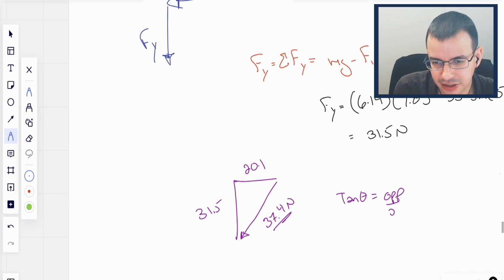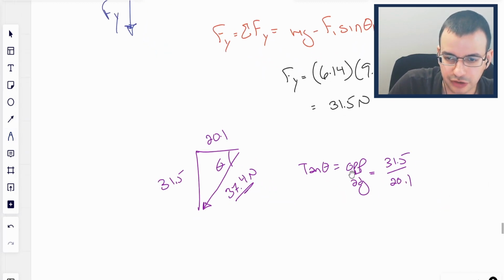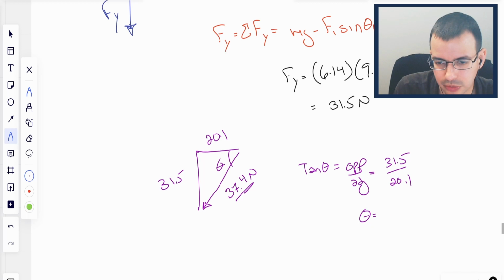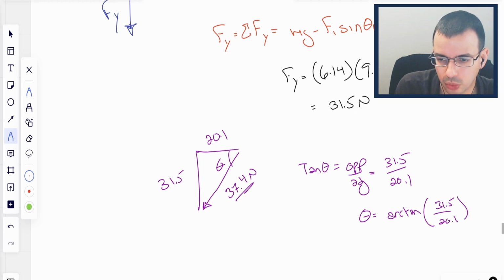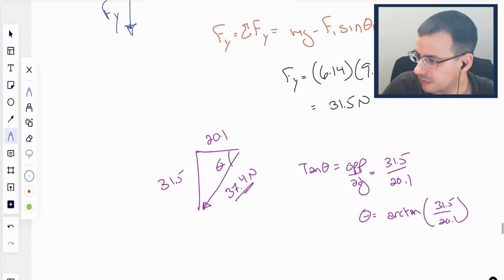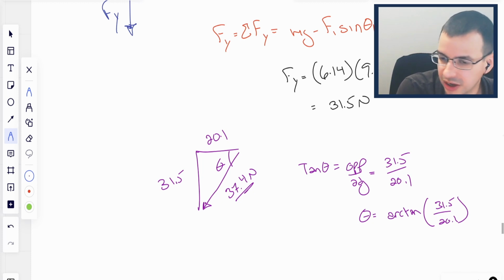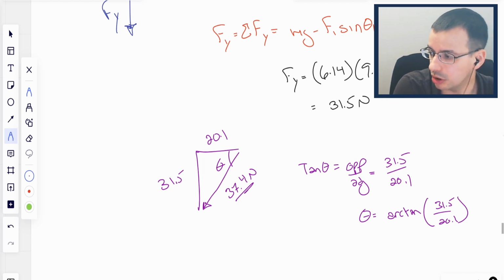And then the angle is going to be tangent of theta equals opposite over adjacent. I'm going to look for this angle right here. I'll just call that theta. Opposite 31.5 over 20.1. So solving that, theta equals arctangent of 31.5 divided by 20.1.